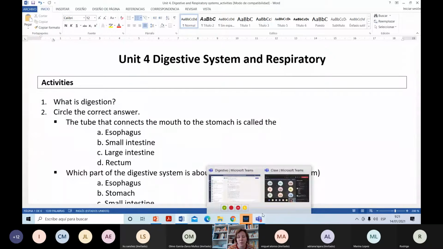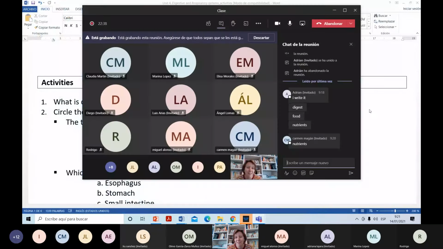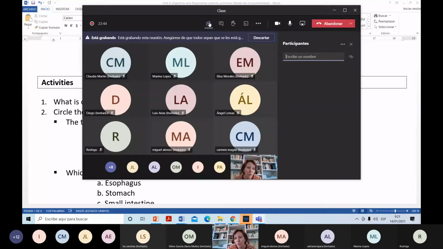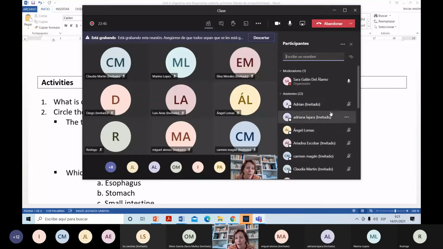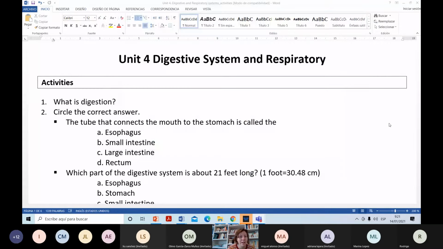So we go to the following one. Let's see if you were paying attention, because I showed you the answer for this one. This one is going to go to Adriana, who is the next one in this list. Adriana, what do you think about the second question? The tube that connects the mouth to the stomach.